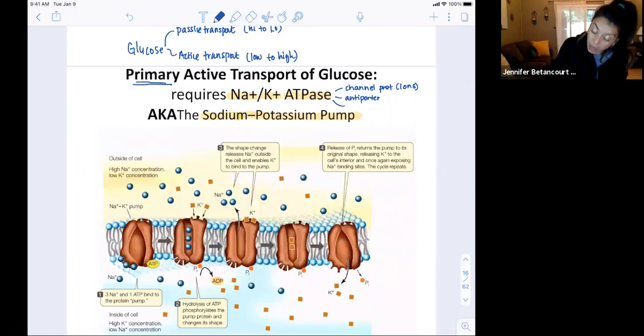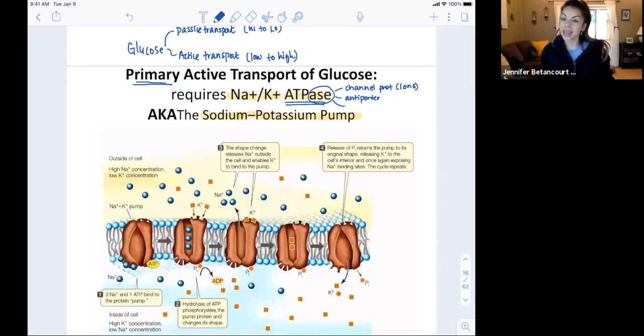Not only that, but it's also an enzyme. You can tell that it's an enzyme because it ends in ASE. And so what kind of enzyme is it? It's an ATPase, which means that it cleaves or hydrolyzes ATP.